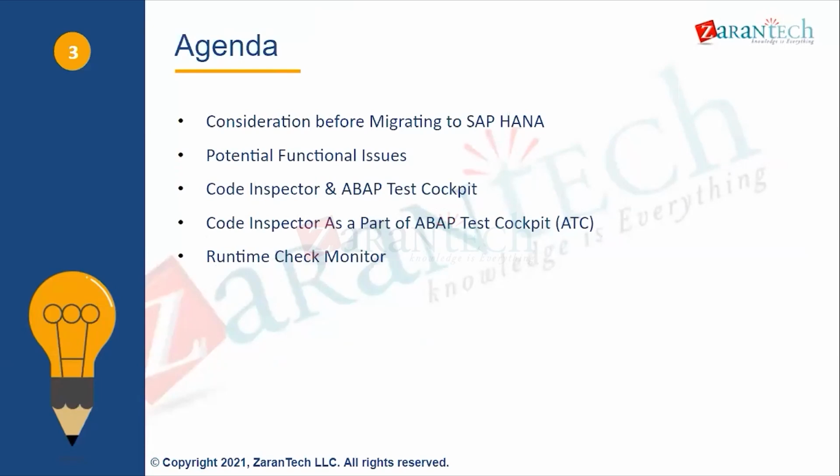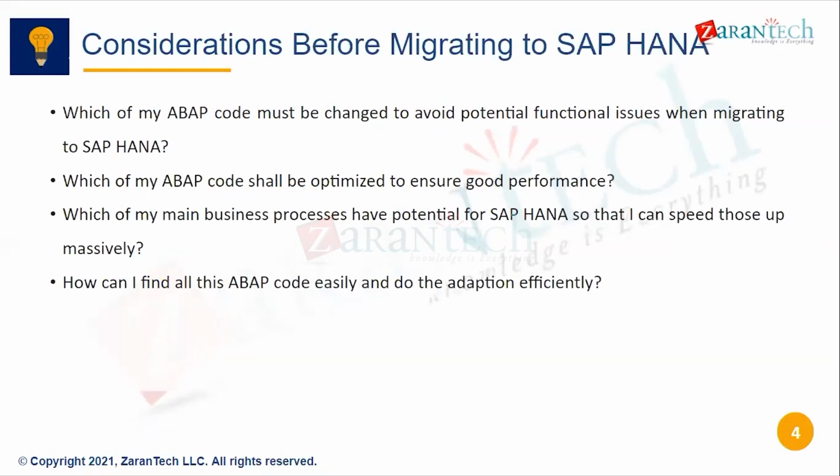Both are one and the same in terms of migration, if they are just doing it from the DB perspective. Whatever task we'll be doing should be considered in terms of ABAP code. What are the different considerations we need to take as an ABAP developer when we are working on this kind of migration project? What are all the potential functional issues we may face and how can we solve them? These are the different things we'll be talking about here.